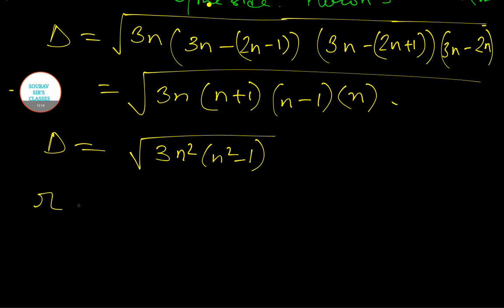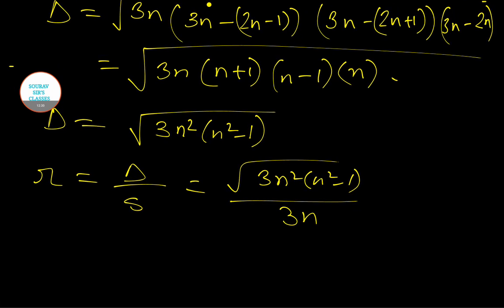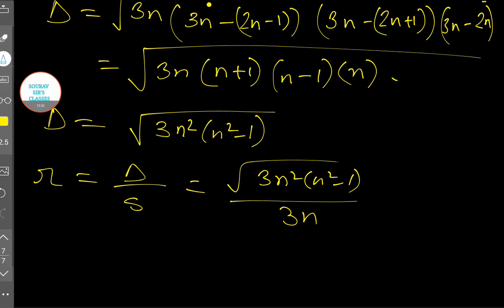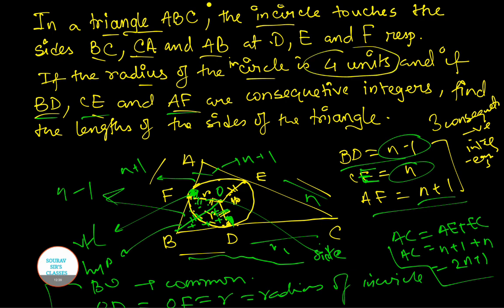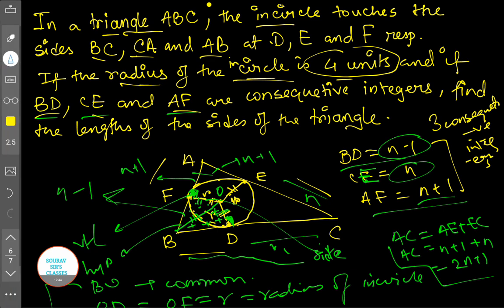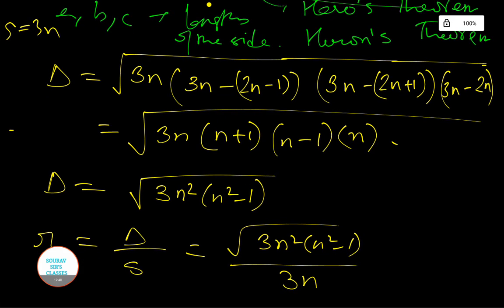So our inradius r will be delta by s, which is equal to root over 3n square, n square minus 1, by 3n, and subsequently this is given, let's go back to the question, as 4 units. The radius of the incircle is 4 units, so we have delta by s equals 4.